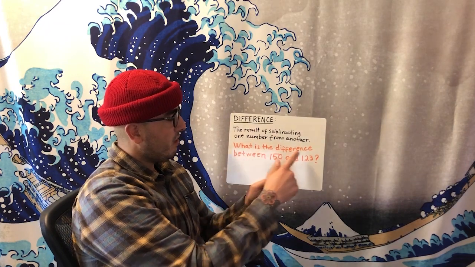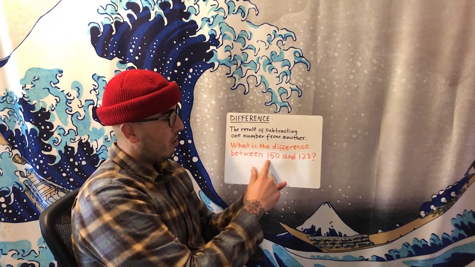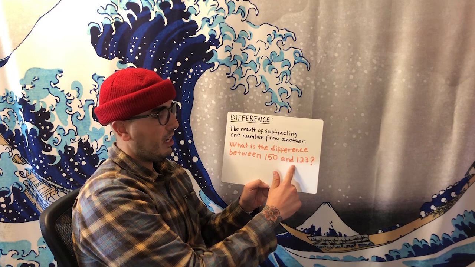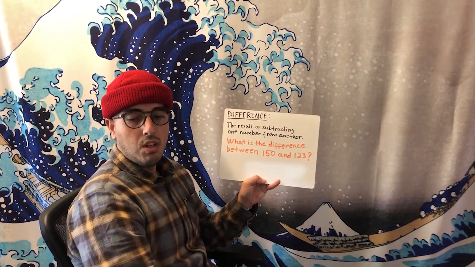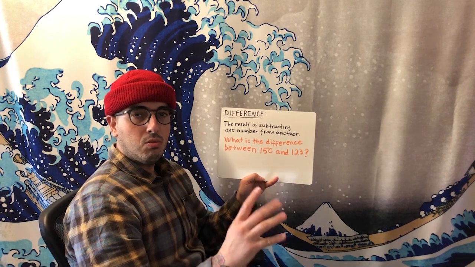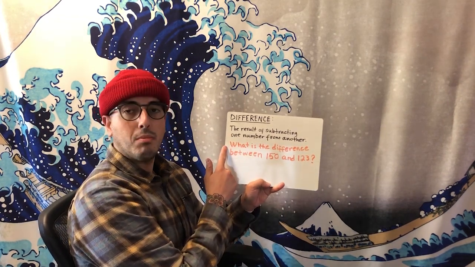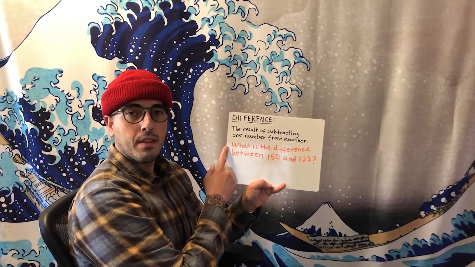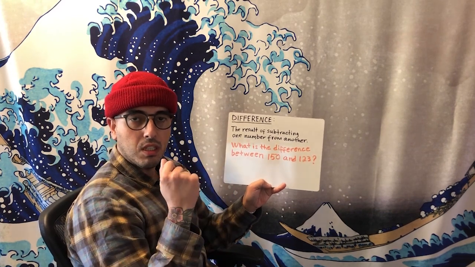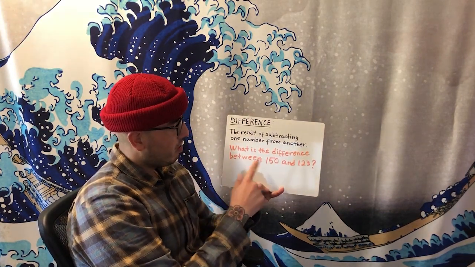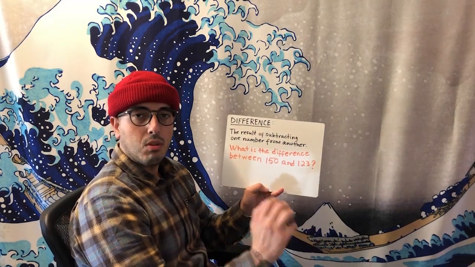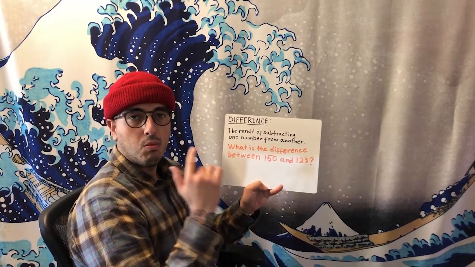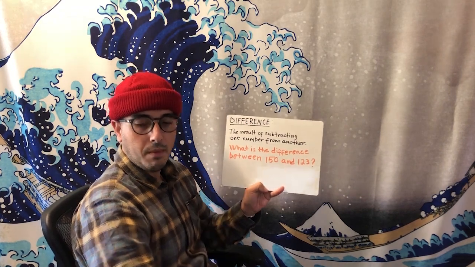What is the difference between 150 and 123? So what is the first thing we do when we have a word problem? Correct. We circle, underline important words or numbers that will help us with the problem, okay?